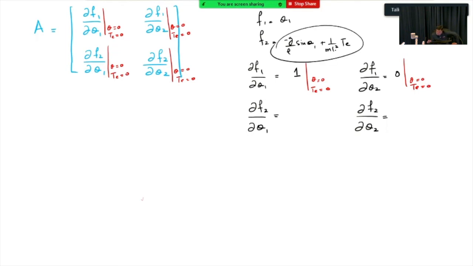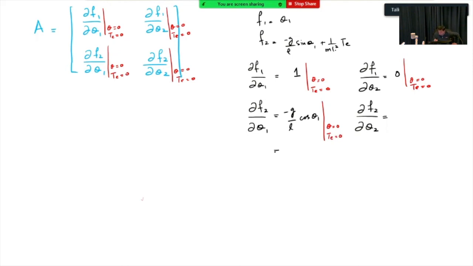What is the derivative with respect to theta 1? Minus g cosine theta 1 over L. Okay, so minus g over L cosine theta 1, and not to forget that we had to put theta 1, theta 2 equal to 0 and Te equal to 0, right?